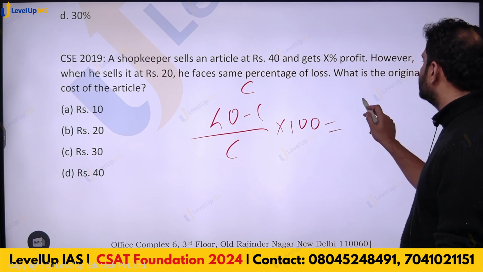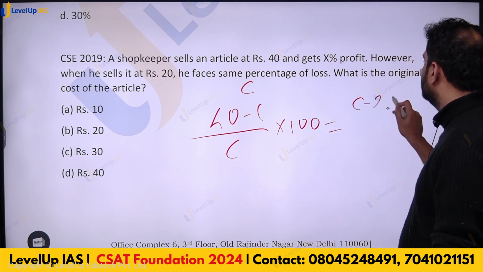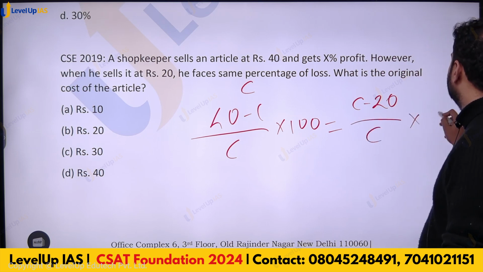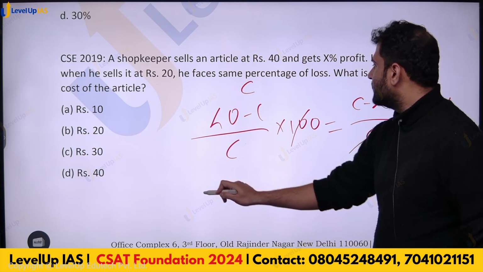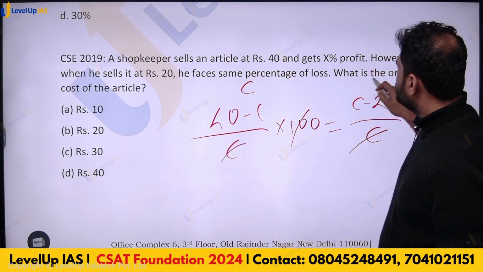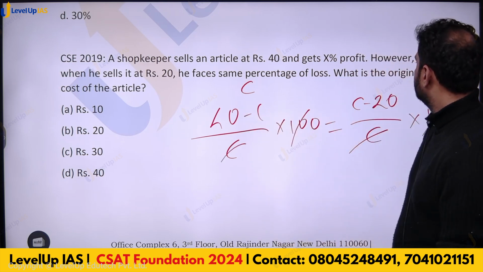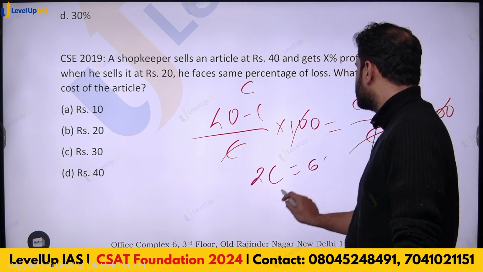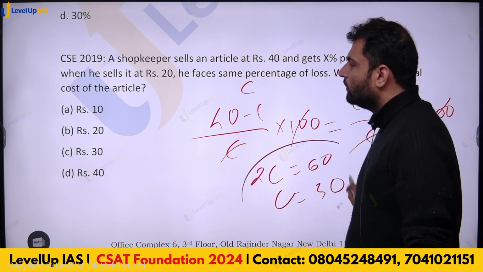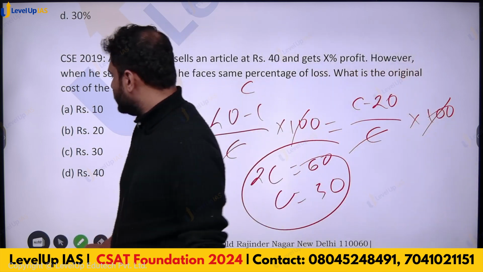Percentage loss if he sells at 20 rupees would be C minus 20 by C into 100. So 100 cancels, C cancels. So we have 2C is equal to 60, C is equal to 30. Formally also, you will get the answer in one step.